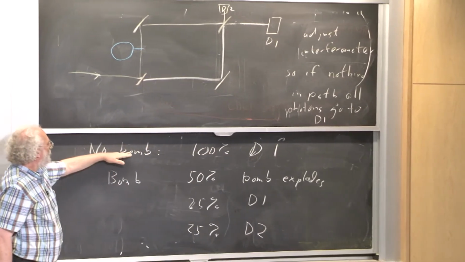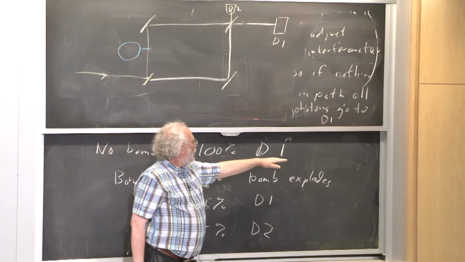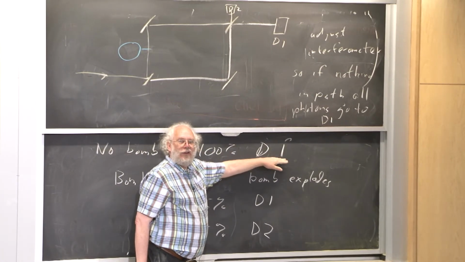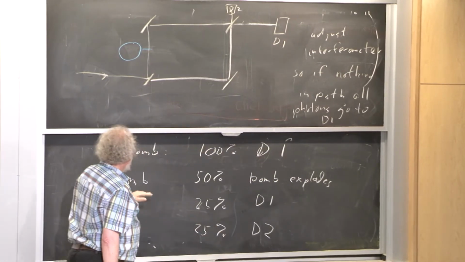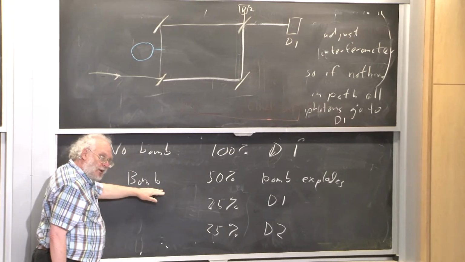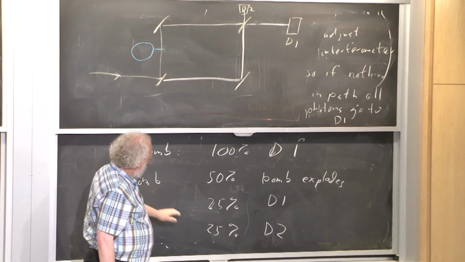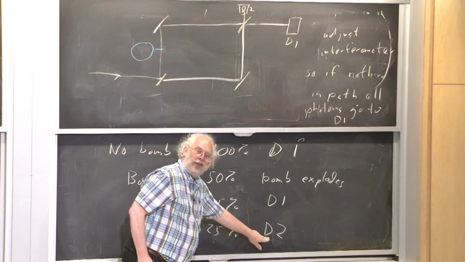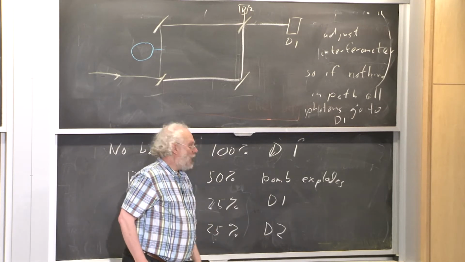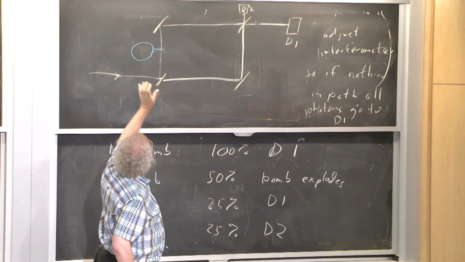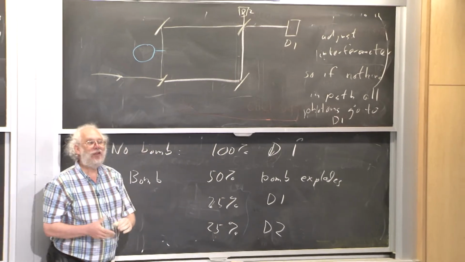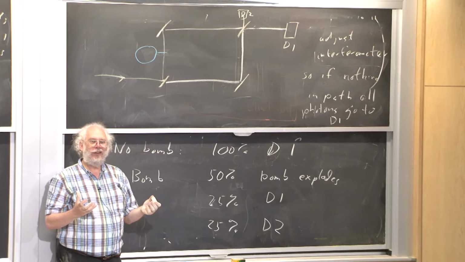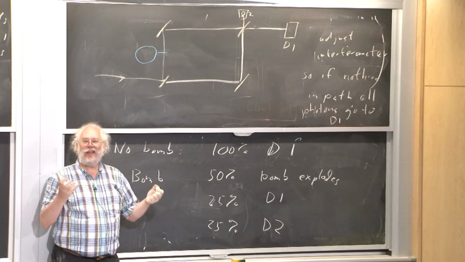So if the bomb is defective, detector 1 is the one that's triggered. If the bomb has a fuse, 25% of the time detector 2 is triggered. So whenever we get detector 2, we know it's a good bomb with a fuse in it, and we have not looked at the fuse.